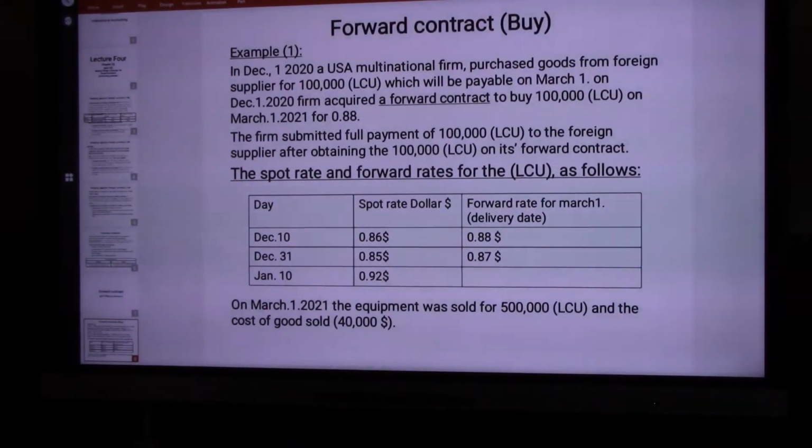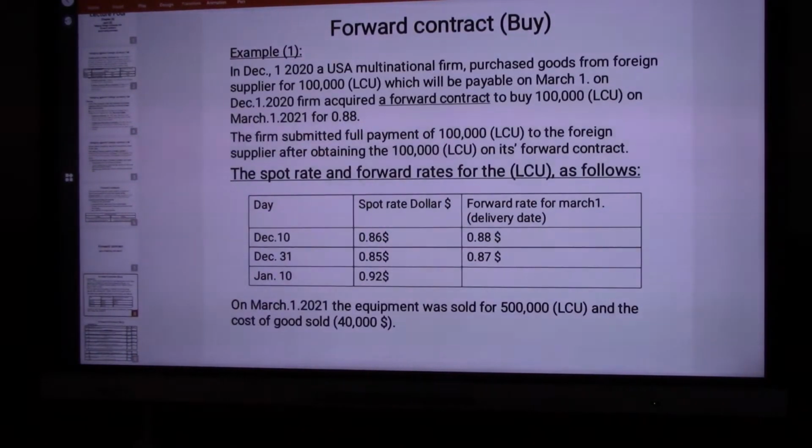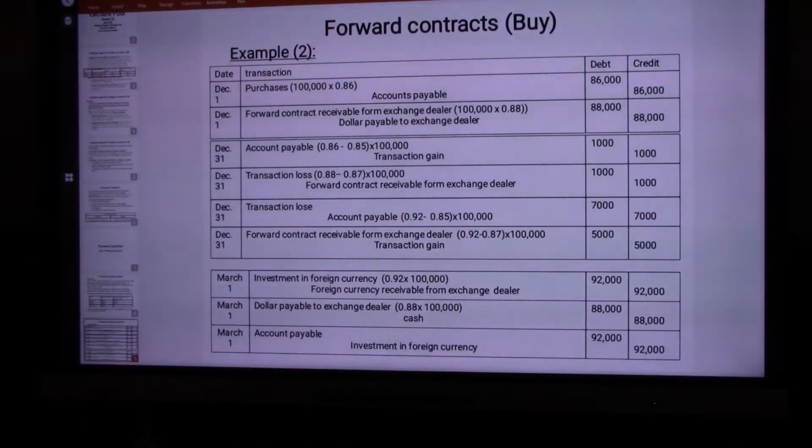طب أنا هعمل إيه؟ هبدأ أسجل كل transaction وأشوف التأثير حصل فيه إيه. first أنا قلت احنا التواريخ عندنا بتتقسم لـ 3 specific dates: date of the purchase process which is December 1، December 31 اللي هي financial statement date، وdate of payment اللي هو March 1st. نبتدي بأول حاجة خالص، date of service اللي هو الـ purchase process.